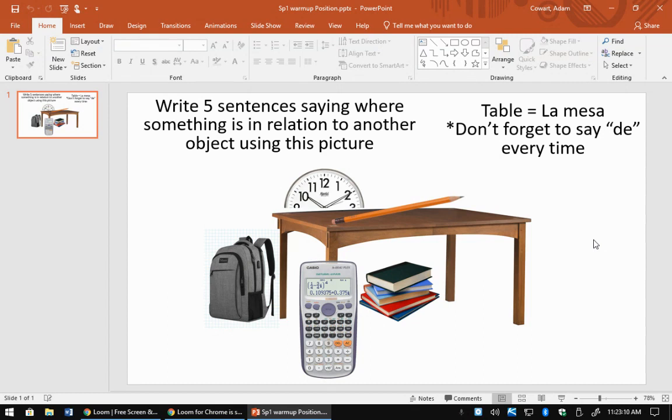For example, in Spanish, you want to say the pencil is on top of the table. Every single time, put the de. So we're going to use our words like encima, debajo, al lado, all those sort of things. All right? So I'll give you time to write your sentences. Go ahead and pause the video now.